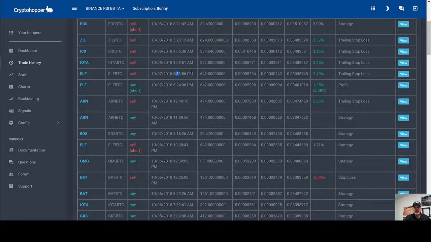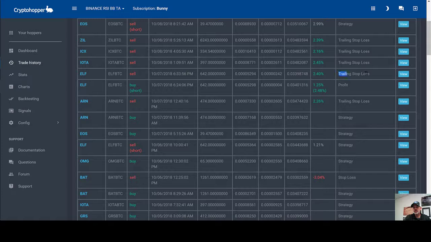And then about 10 minutes later, this starts to retrace, and because we have a trailing stop loss in place and we don't want it to go below a certain point, it actually put on a sell, and we got out of the position with a 2.4% overall gain. So half of this percent gain was from a short, and half of this percent gain was basically from a long position. Combined, these two produced this profit.